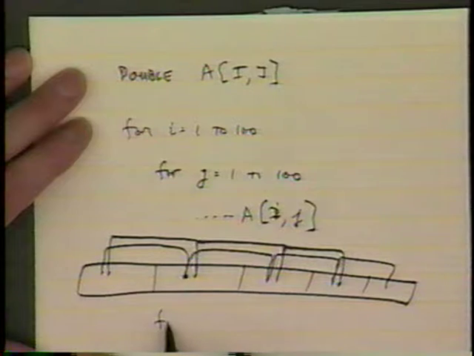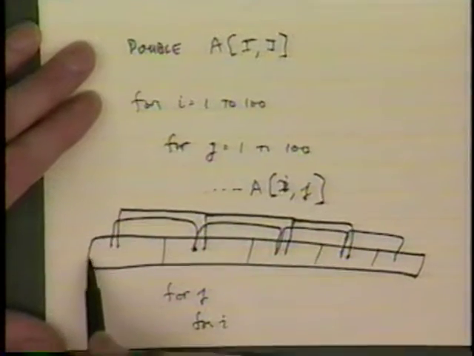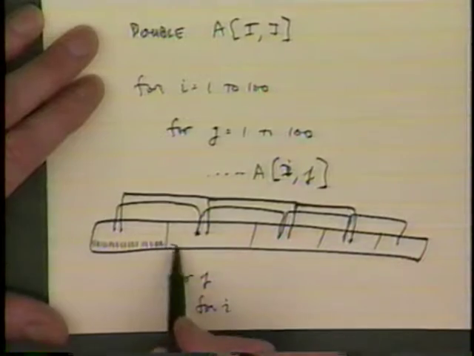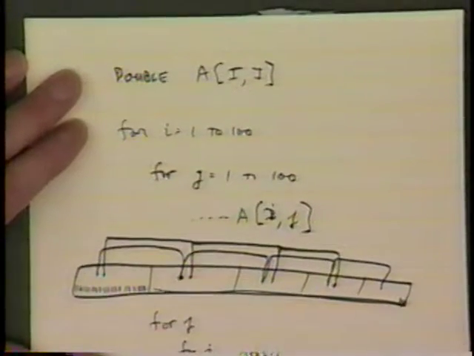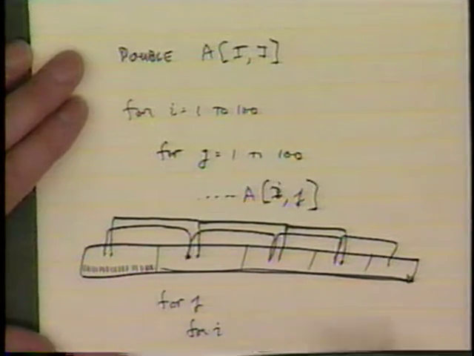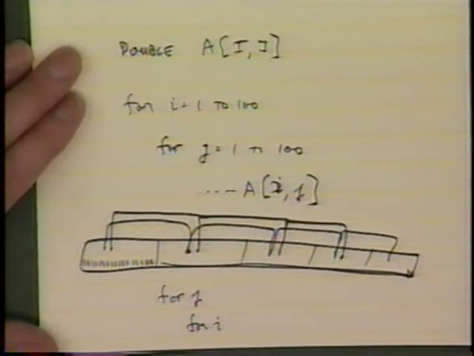If you simply reverse the order and do the for j first and the for i second, then the references are to sequential locations in the array going from one end all the way down to the other end in one pass. It can make an enormous difference, if the array doesn't fit in the cache, in the amount of penalty that you pay for referencing that entire array.